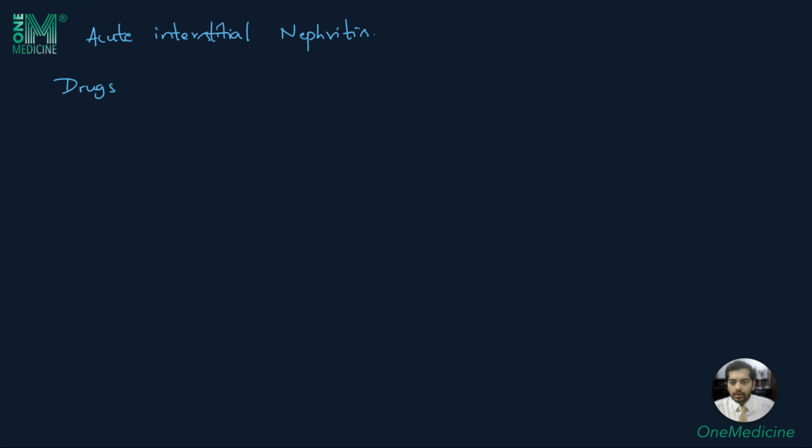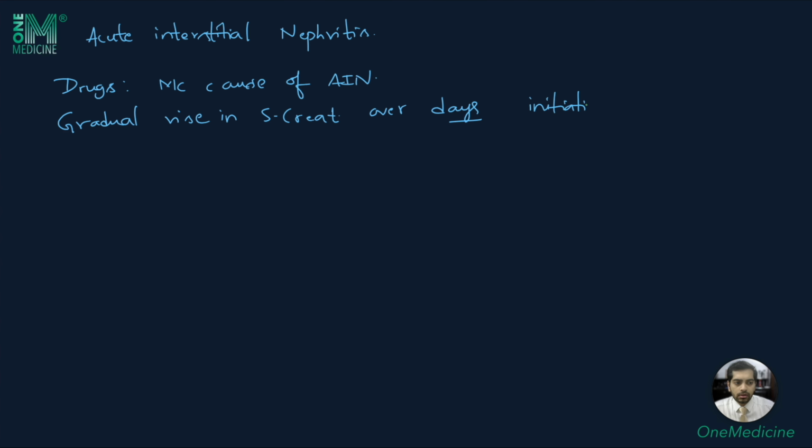Drugs are the most important and most common cause for acute interstitial nephritis. Classically, these patients present with a gradual rise in serum creatinine over several days after initiation of a new drug.